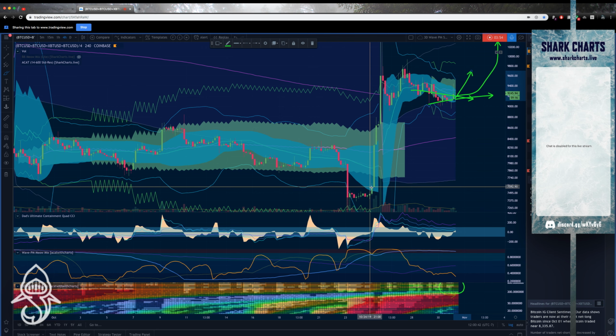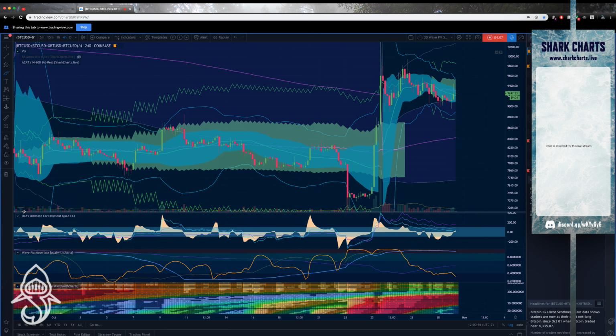So let's keep our fingers crossed at the moment. If we stay above this pivot roughly around 9,130, looks like we have had a few wicks to the downside inside that mean reversion condition, so do be careful with your stop losses.